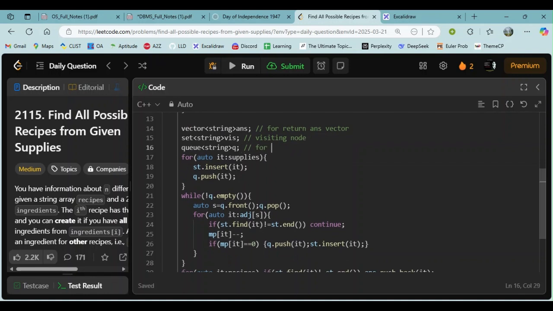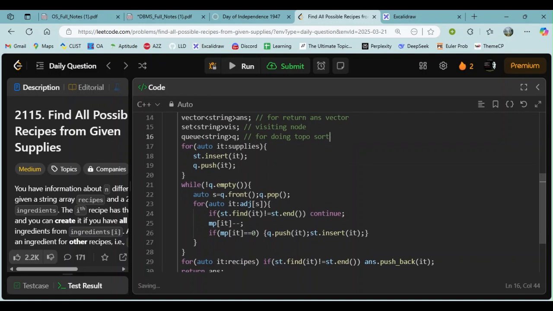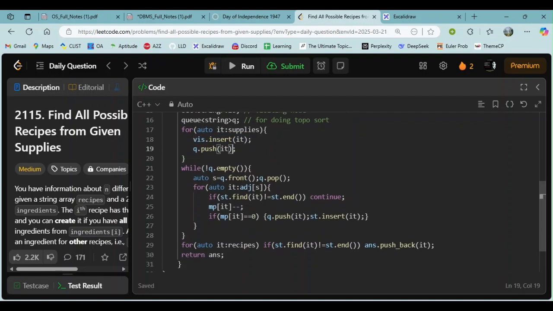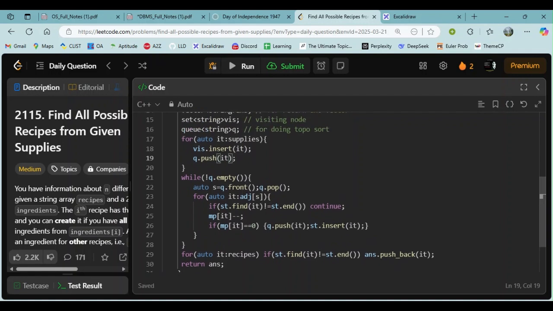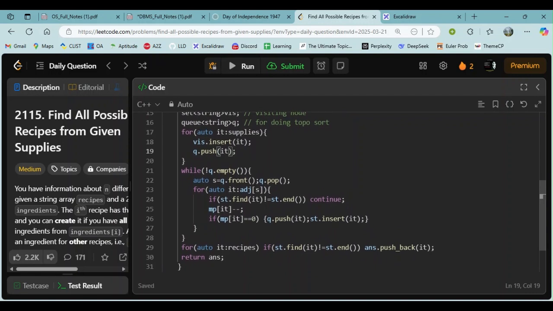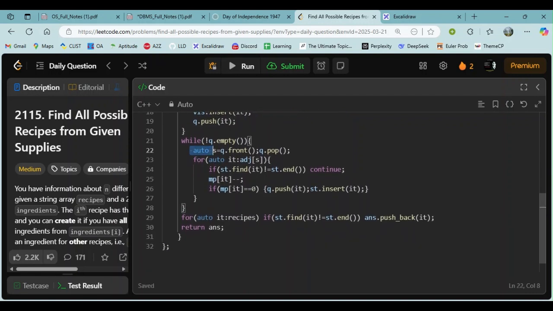Basically, I'm taking a queue for doing topo sort. What I am doing, first going to supplies and marking all the supplies visited, and then pushing them in my queue. Since the supplies are given as available infinitely, we'll just push them in the queue.